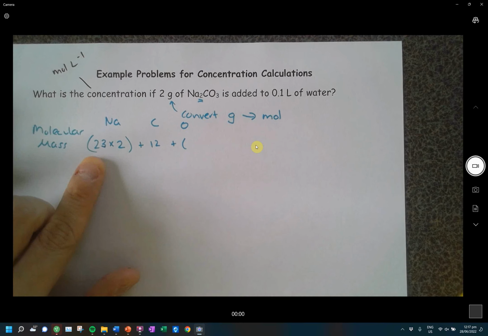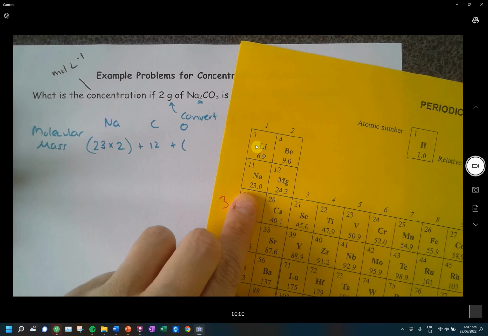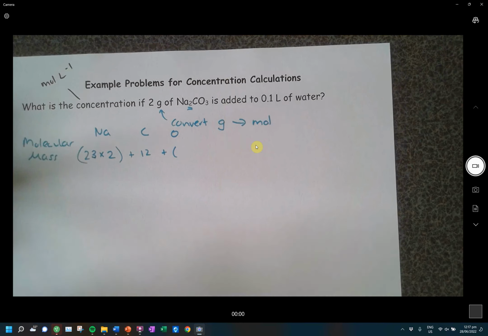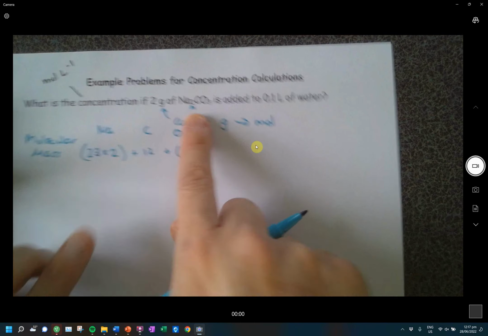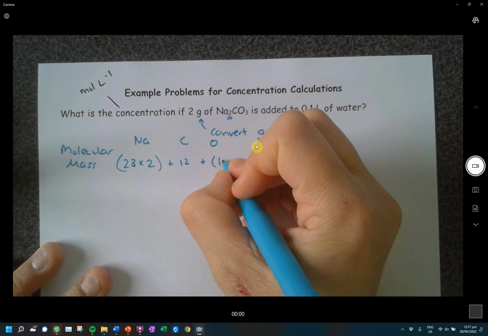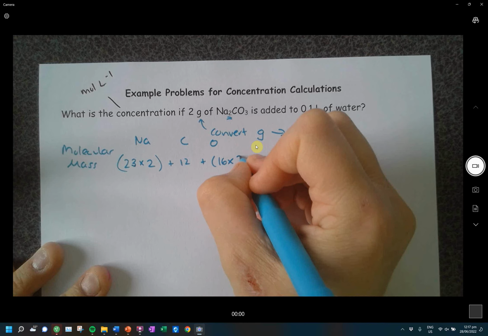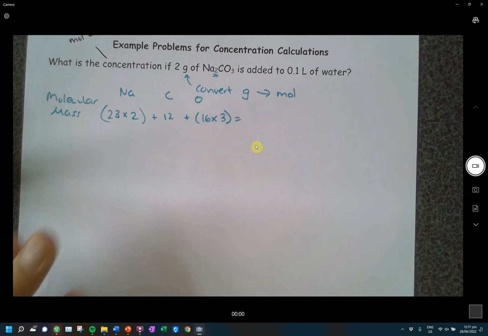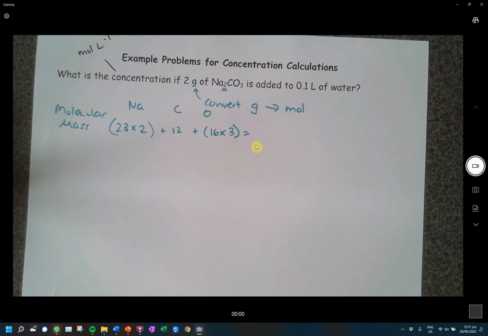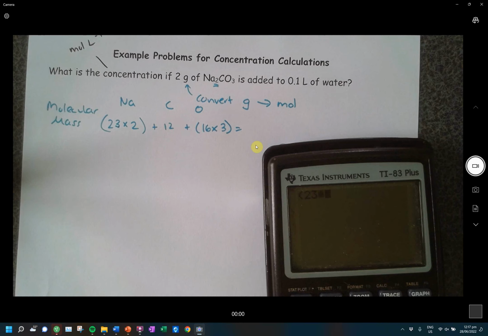23 came from the atomic mass of sodium. And I have 2 of them in that formula. All right, so I have 16 times 3. So let's plug that into the calculator. 23 times 2 plus 12 plus 16 times 3.